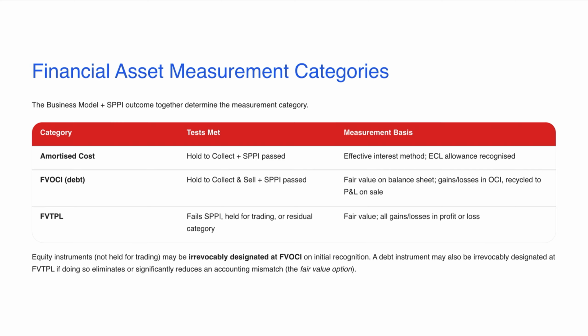And there is also a fair value option for certain debt instruments when doing so eliminates or significantly reduces an accounting mismatch. So the memory structure is business model, SPPI, then measurement category.